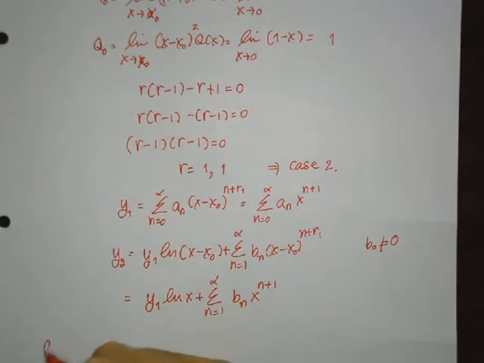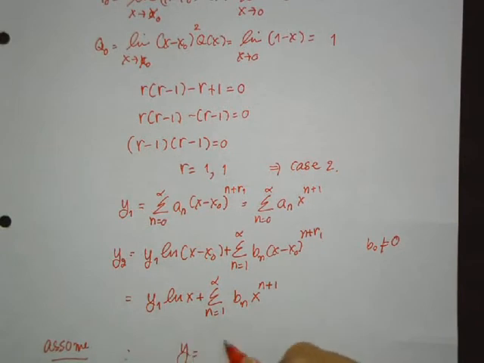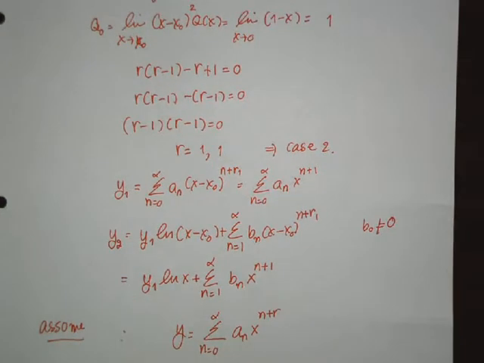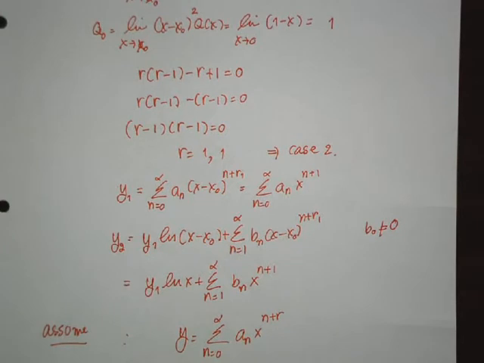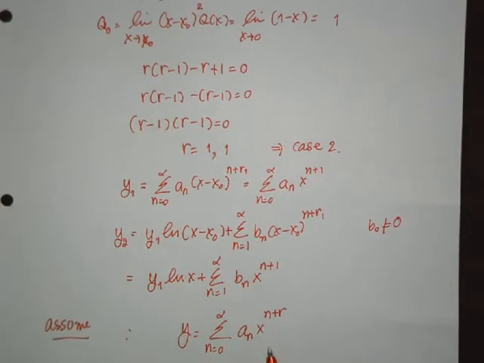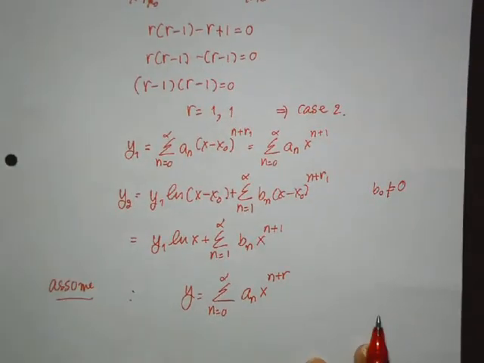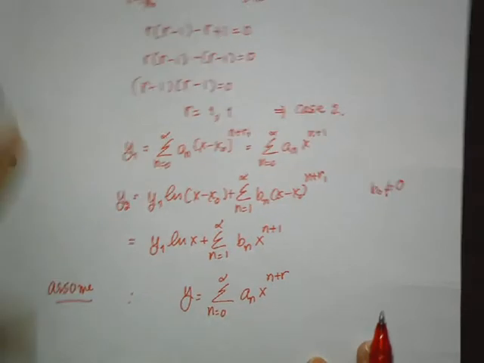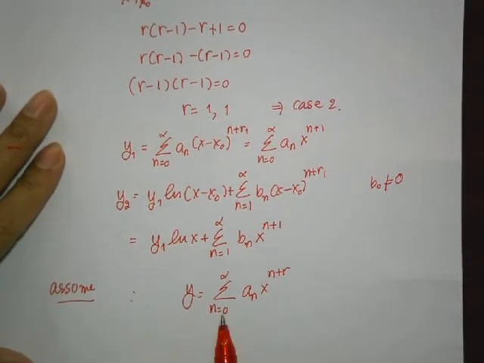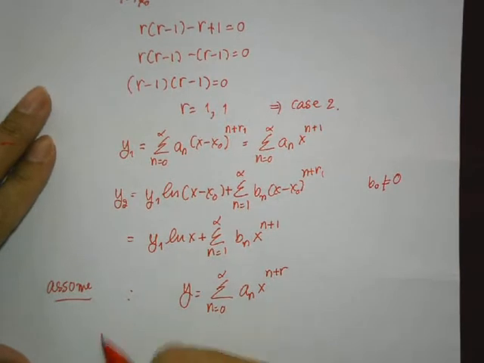So we assume our y is equal to the summation of a_n x to the power n plus r. You don't need to plug in the value of r this time. Because we are going to put this y into our differential equation, which has the second derivative of y, we have to find the first and second derivative of our y here.